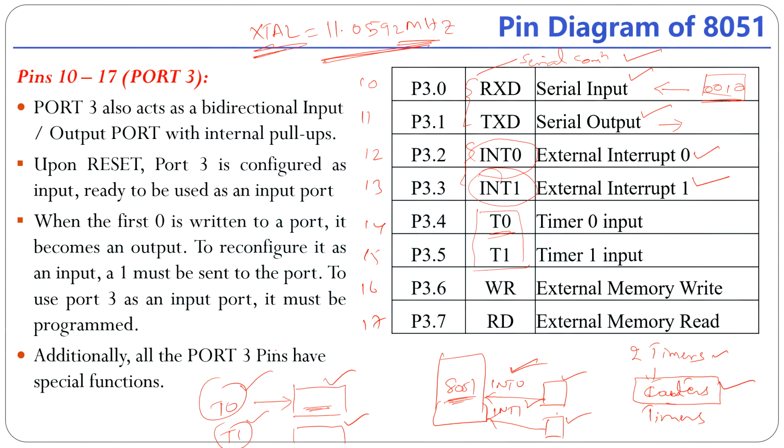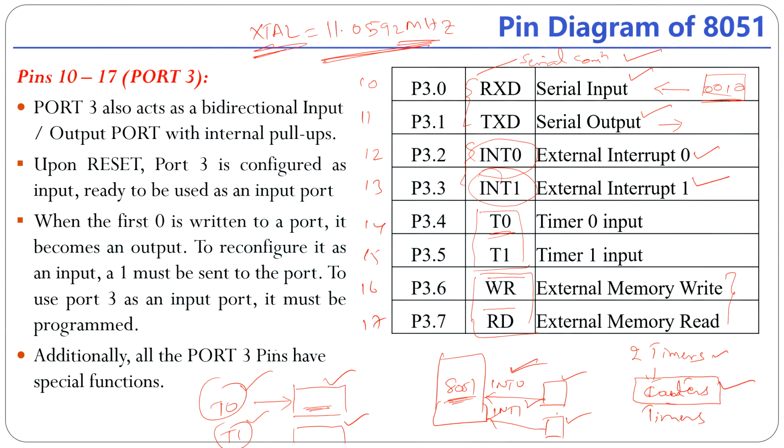The remaining two pins are write bar and read bar. These are active low output pins. These two pins are used to access data from external data memory. This is the external memory write signal, and this is the external memory read signal.